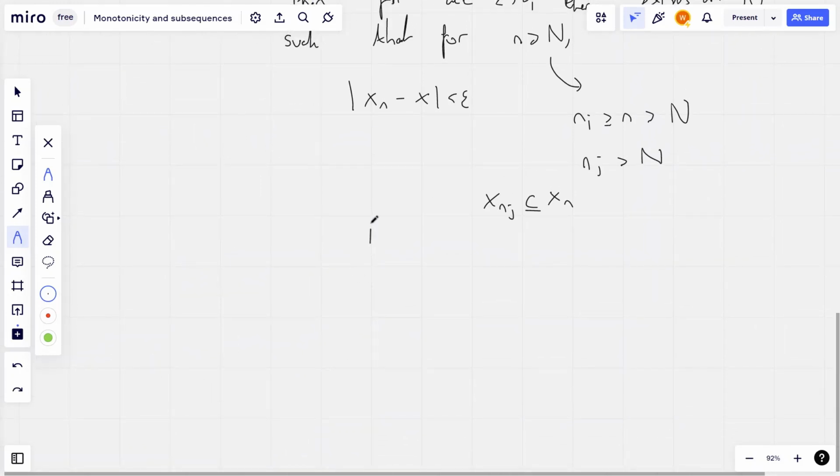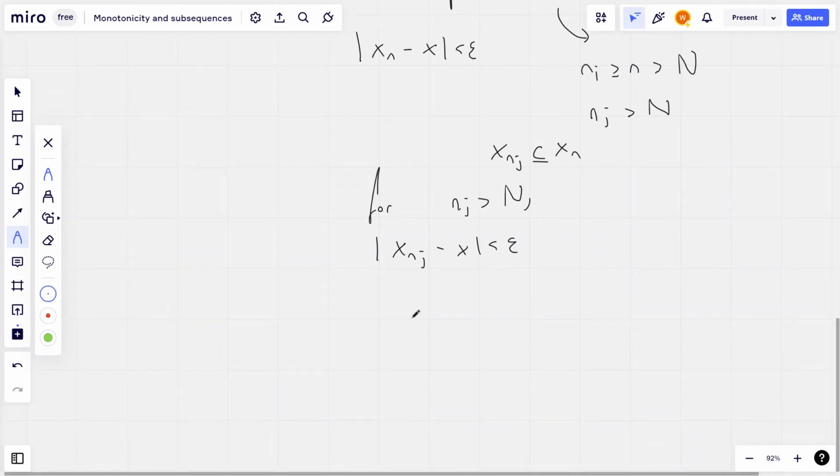So because of that, for nj greater than N, we also have the absolute value of xnj minus x being less than epsilon. So that is, xnj goes to x as well.